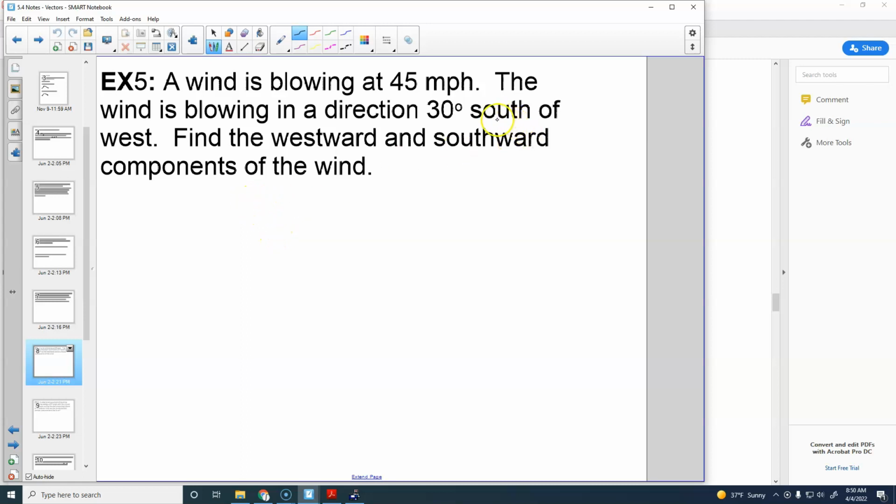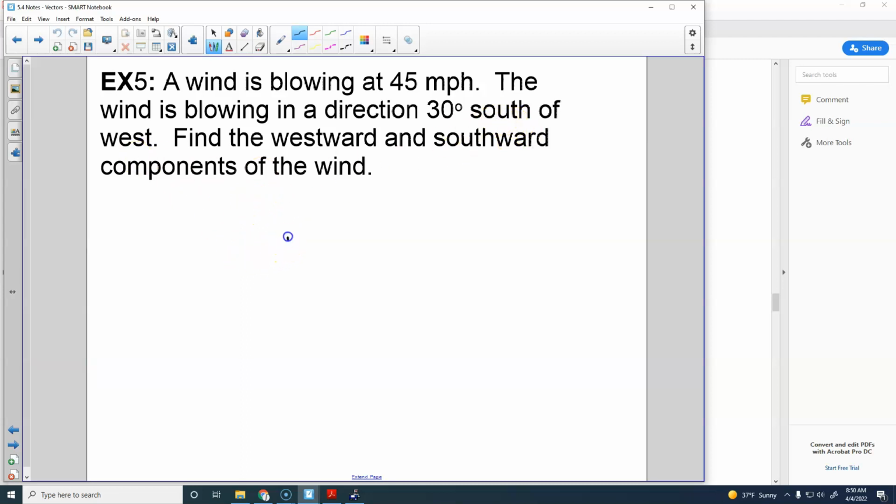We're mostly concerned with south and west, so I'm going to draw south and west here. North and east we don't need to be too worried about. So it's blowing in a direction 30 degrees south of west.